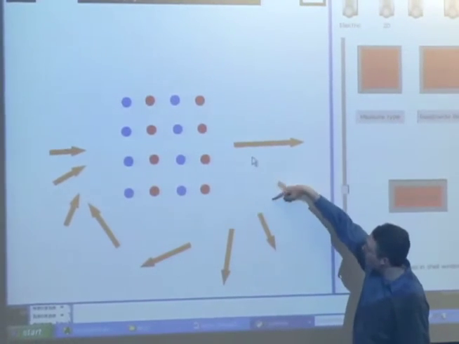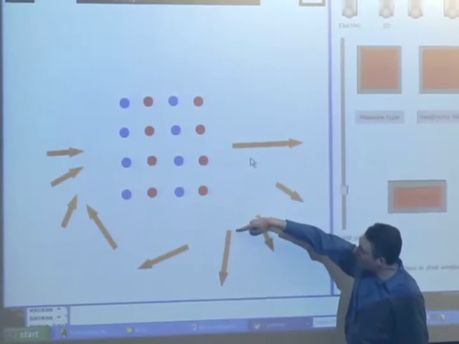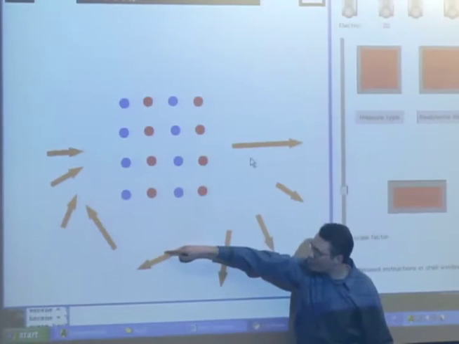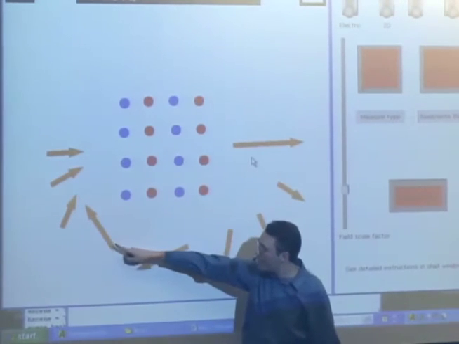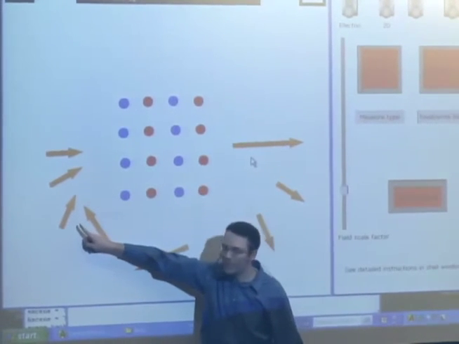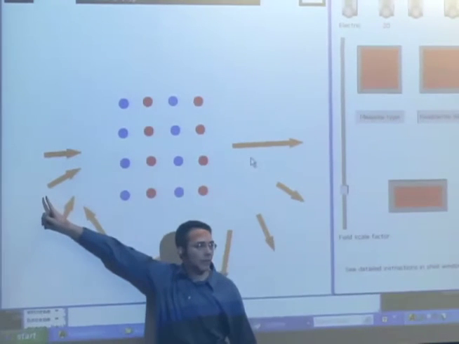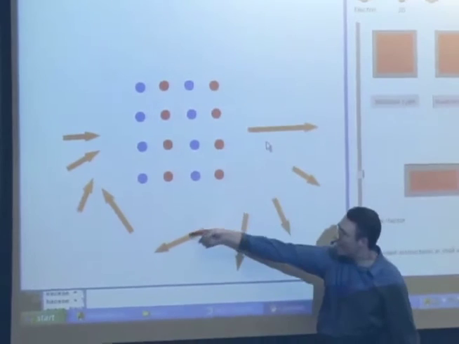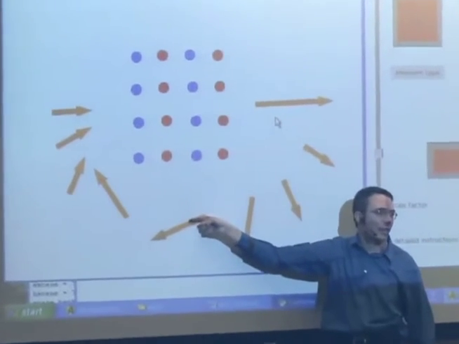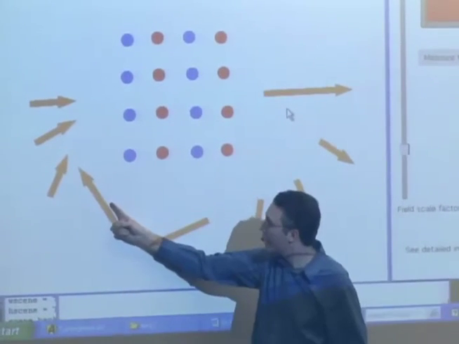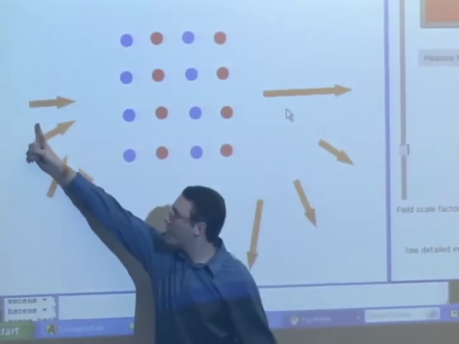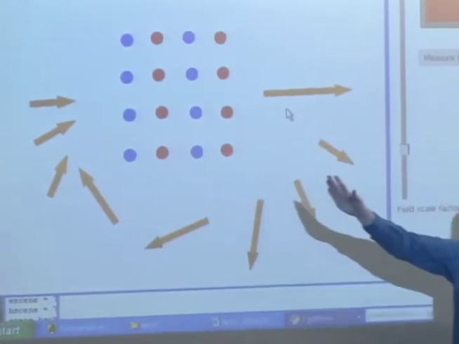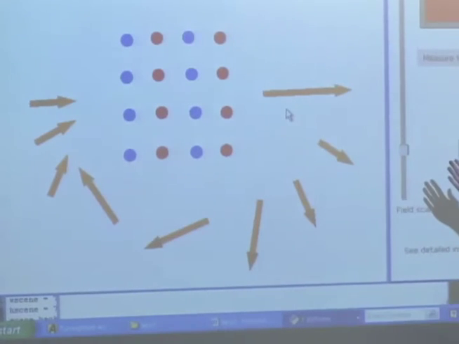But as you're moving along this path, how does the electric field point? It's always going to have a component more or less in the direction of your path. Can everybody see that? You can especially see it right here. I'm going basically in that direction. And here as well, I'm kind of going up. Then it starts to get more and more perpendicular, so it doesn't contribute as much. But overall, if I add the whole thing up, I should get negative.